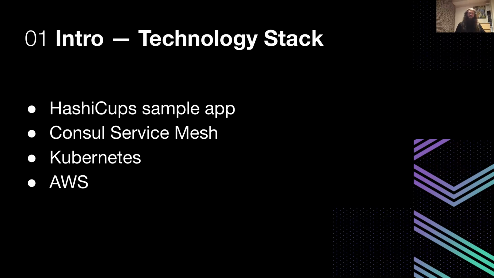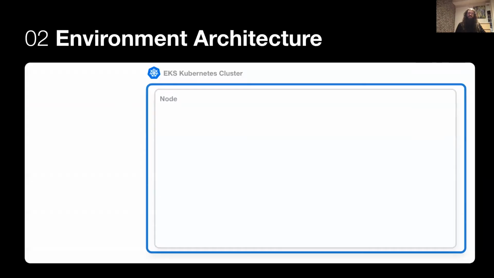Now, let's jump right into HashiCups itself. HashiCups will run in this environment. We're going to start off with a simple Kubernetes cluster running on AWS, the EKS Kubernetes cluster. For this specific example, we're going to use just one node to keep the explanation simple and straightforward.